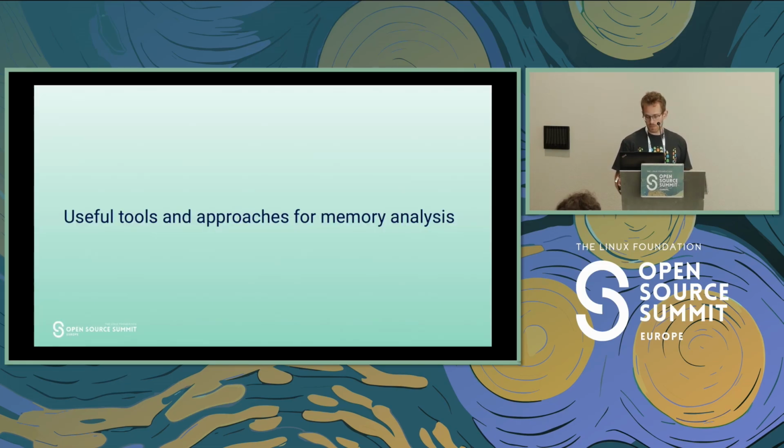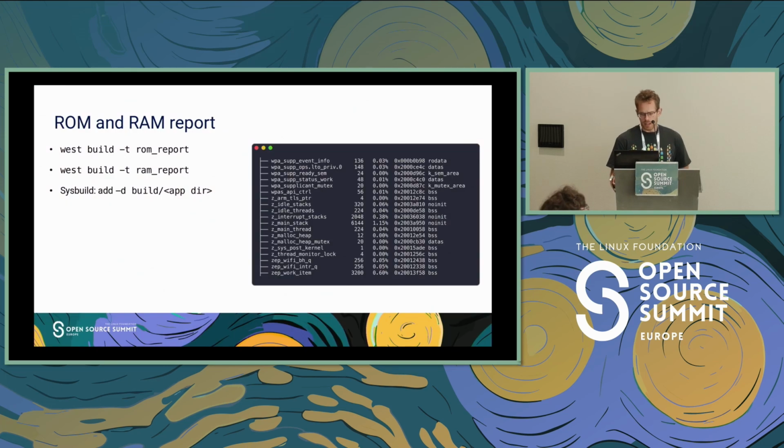Yeah. So what are some useful tools and approaches for memory analysis? People who ever did that should be familiar with this. Zephyr already provides nice tools for that. So we have our ROM report and RAM report.